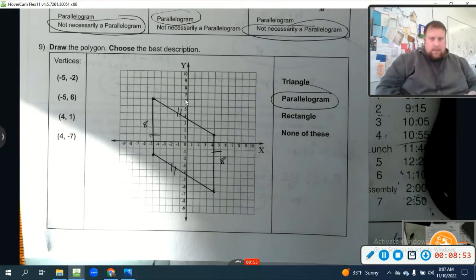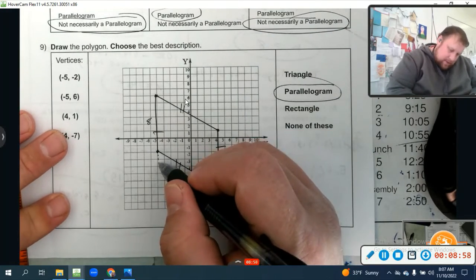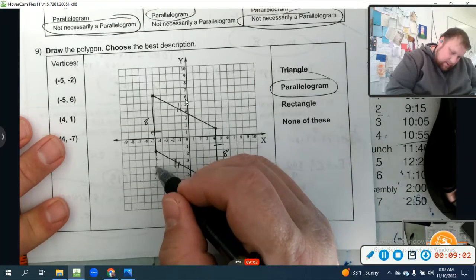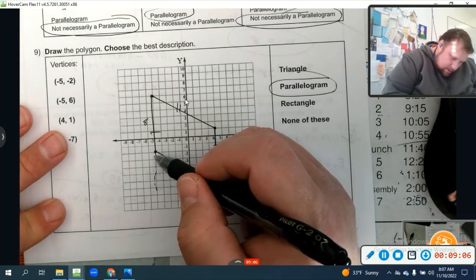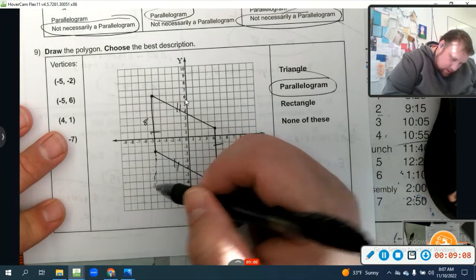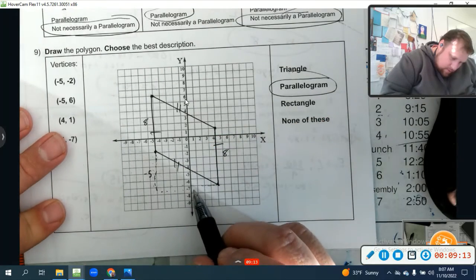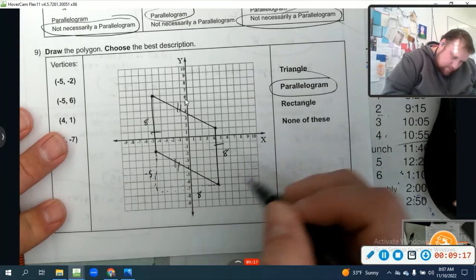Awesome. And that's true also because of slope. We can check slope. You look at the slope triangle here. This is down 1, 2, 3, 4, 5, and over 1, 2, 3, 4, 5, 6, 7, 8, over 8. Look at this one over here, same thing.